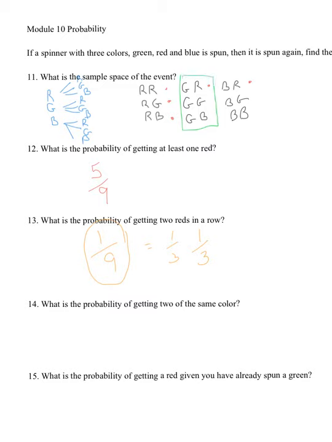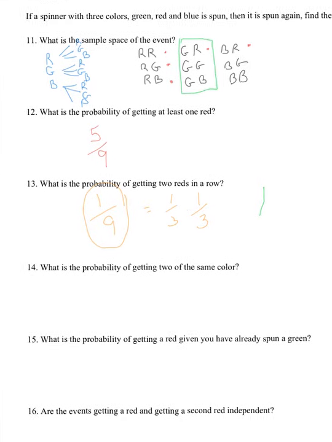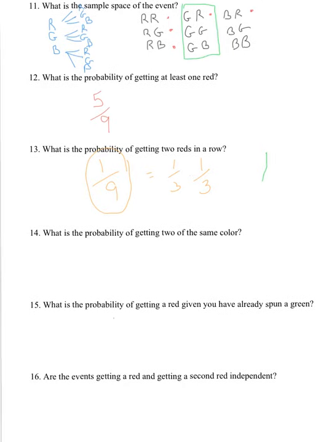It's either going to be green, red, green, green, or green, blue. Because what it says is I've already spun a green. So it's already occurred that I've spun a green. So out of those 3 outcomes, what's the chance that I get a red? Well, that would simply be just 1 out of 3. Because out of those 3 where I've already spun a green, only one of them has a red that occurs as the second spin.